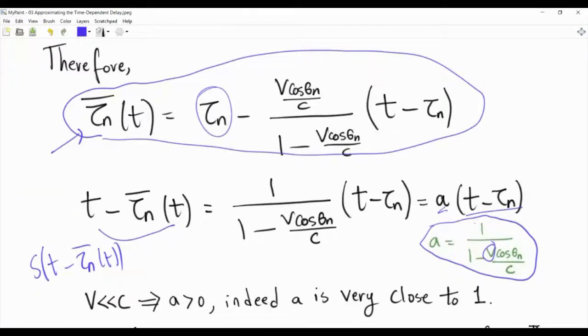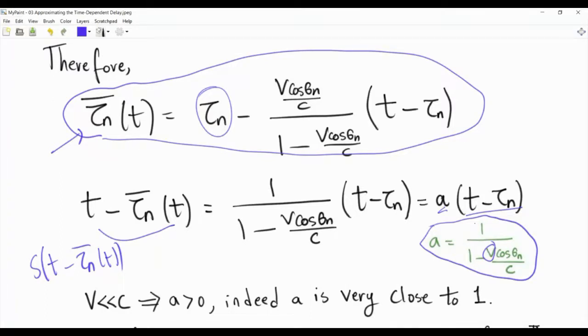So if you are doing transmission using acoustic waves, what I'm saying now will not be applicable. I will rely heavily on the fact that we are assuming propagation in air of electromagnetic waves, not acoustic waves, and hence c is much, much greater than v, and A is close to 1.